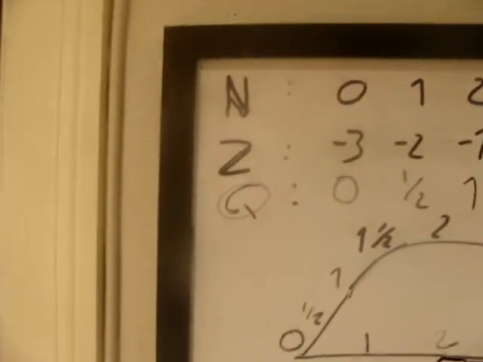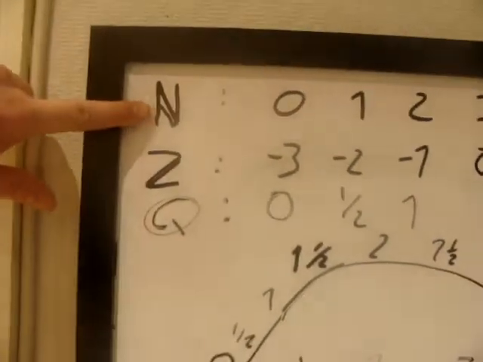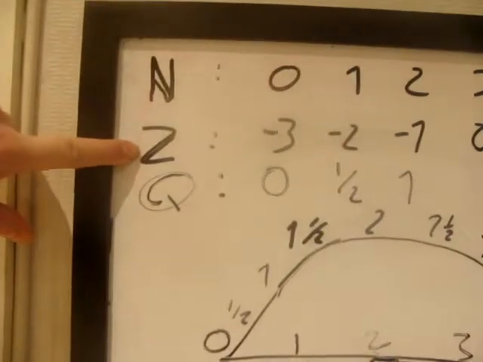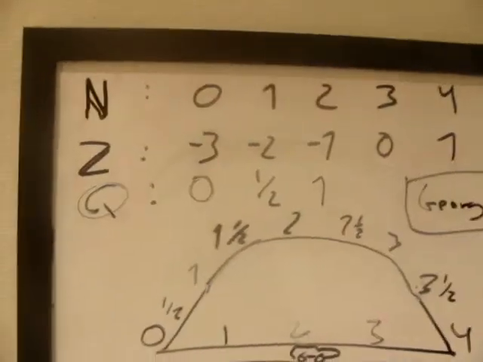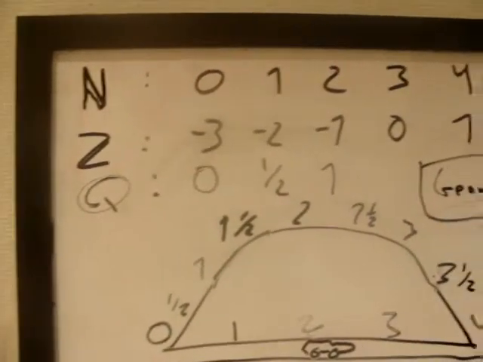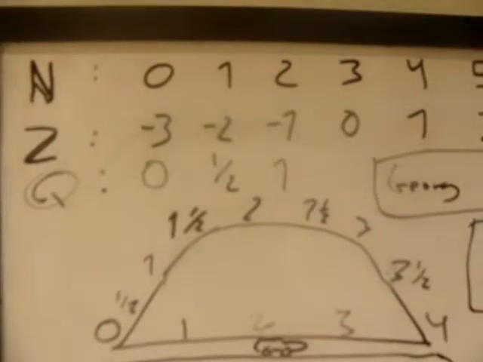So here we have the natural numbers and the whole numbers. The natural numbers are this, and the whole numbers are this. And actually some of what I'm thinking about to discuss with you has a historical beginning.